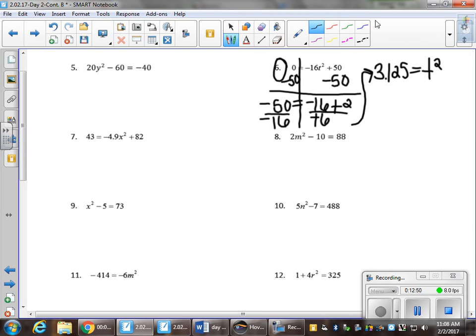Are we done? What do we do? Square root of both sides. And that comes out to 1.767. And when you're doing these, guys, you can round to 3 decimal places.